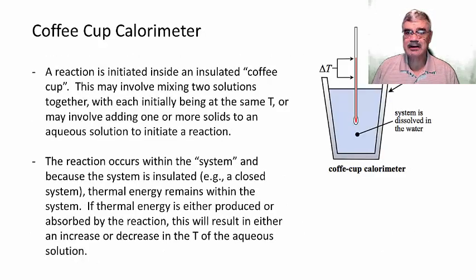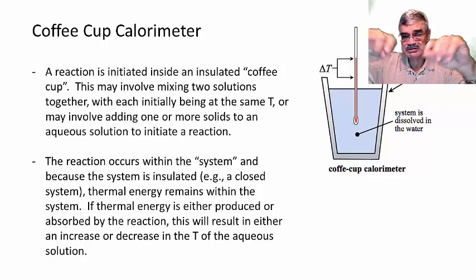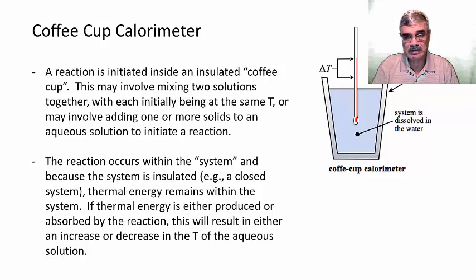So here's a depiction of a coffee cup calorimeter, and it's as the name implies. It can be nothing more than a styrofoam cup in which we initiate a reaction in some way. This can be initiated by just mixing two solutions together in a coffee cup calorimeter. The two solutions that we mix would initially be at the same temperature, as we will see in a second.